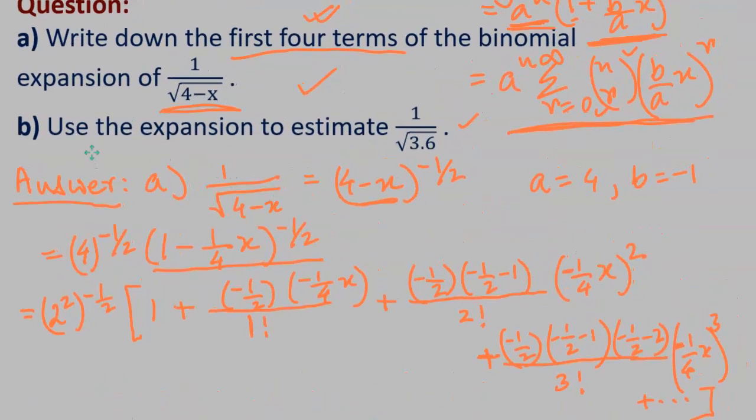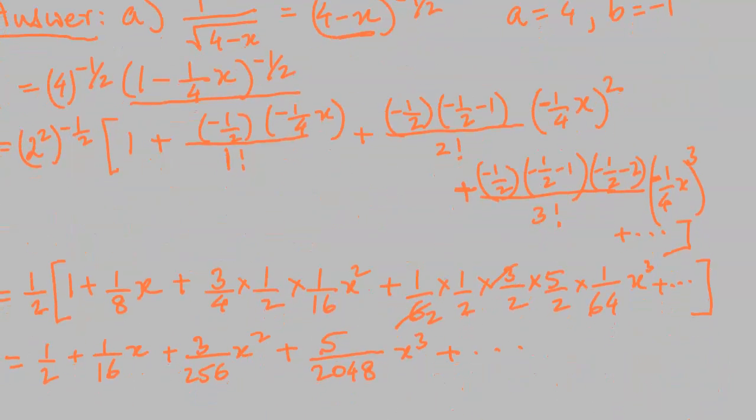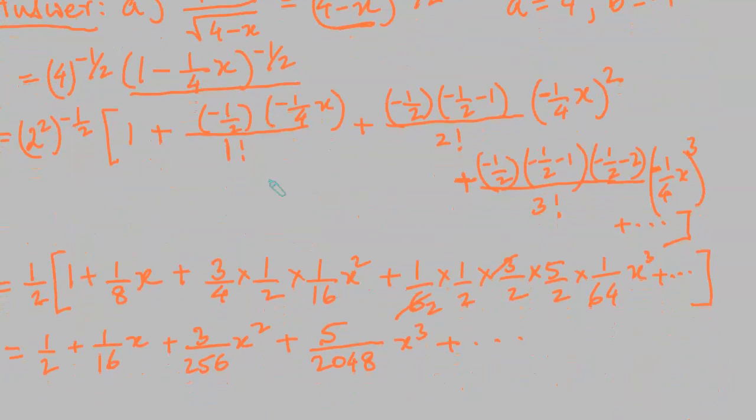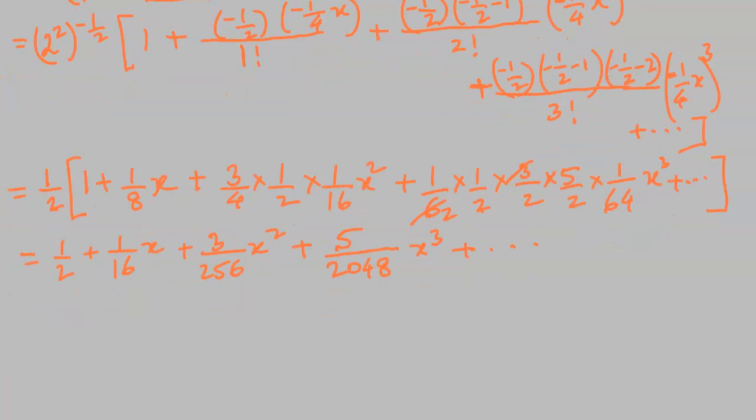The second subpart: use the expansion to estimate 1 over under root 3.6. So we had 1 over under root 4 minus x. Let me just write the question once more.